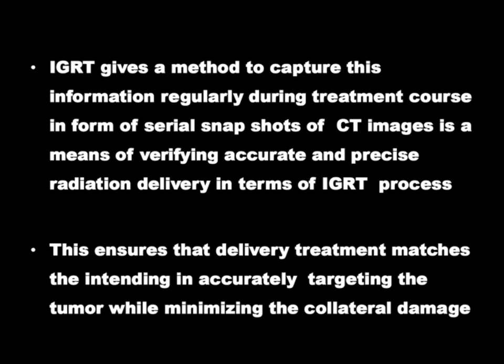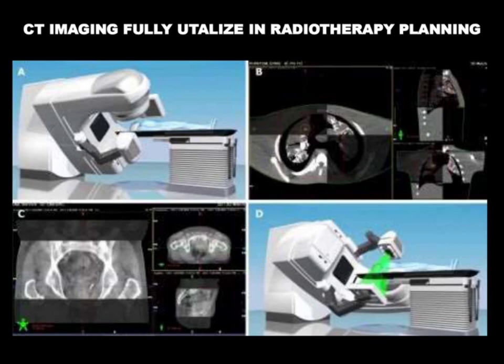This also helps to provide feedback that may help to adapt the subsequent treatment fractionation according to tumor response. That is called adaptive radiotherapy. Suppose within the 20 fractions the tumor has shrunk to almost half of its volume, then we have to replan the patient.